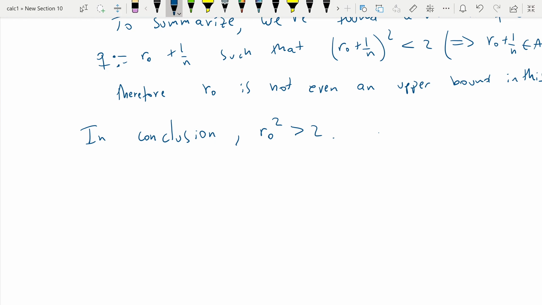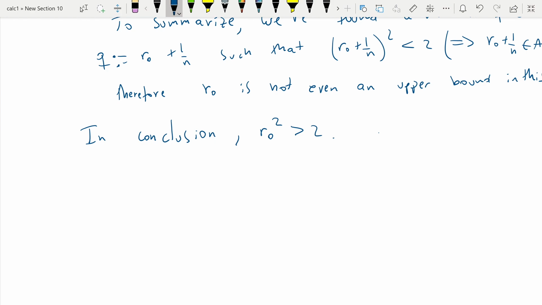The fact that we need to enlarge our set of rational numbers to include the solution to such a simple equation as x squared is equal to 2. So r naught squared must be greater than 2.